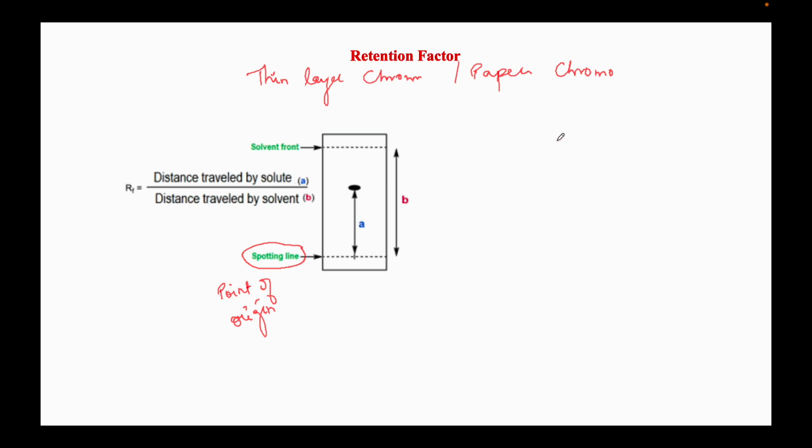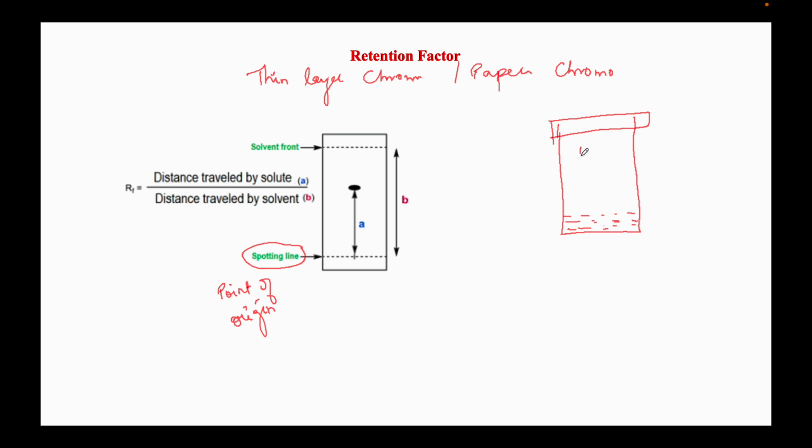So what is this spotting line? In thin layer chromatography or paper chromatography, we have a solvent chamber in which we have a solvent of our interest.